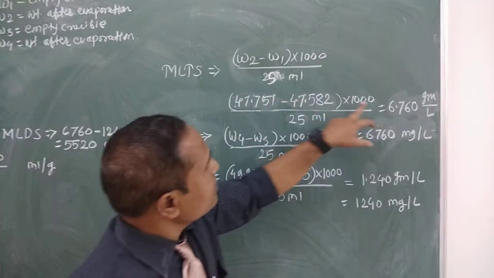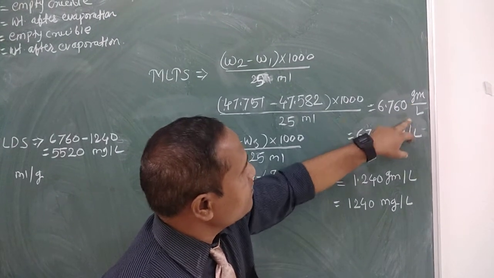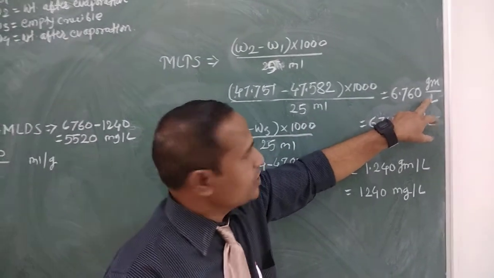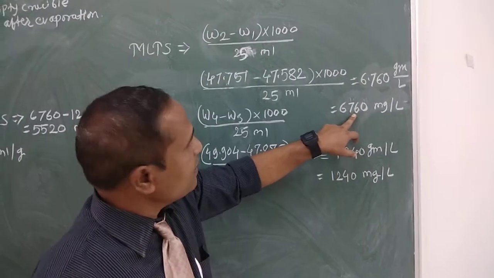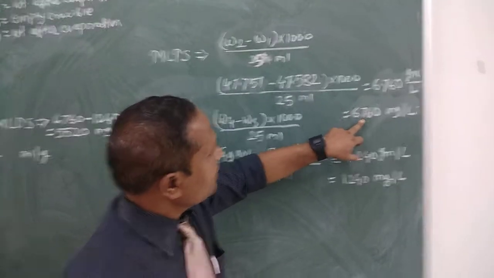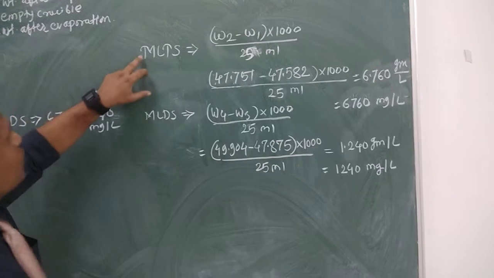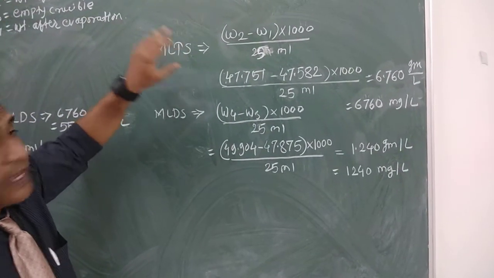This is 6.760 grams per liter, after multiplying by 40 to convert into a liter. So this is in grams. Again we have to convert this into milligrams by multiplying by 1000. So this figure will be 6760 milligrams per liter. This is your mixed liquor total solids.